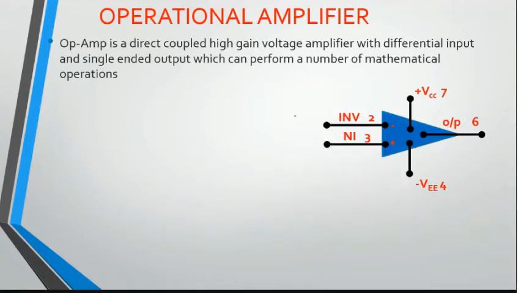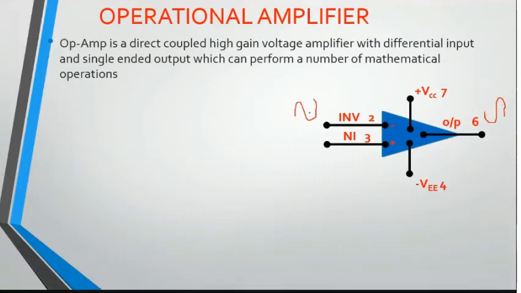If I give a voltage signal at the inverting terminal, then at the output there will be a 180 degrees phase difference along with amplification. So you will get this signal like this. Not only amplification is taking place, but there is a phase difference of 180 degrees.